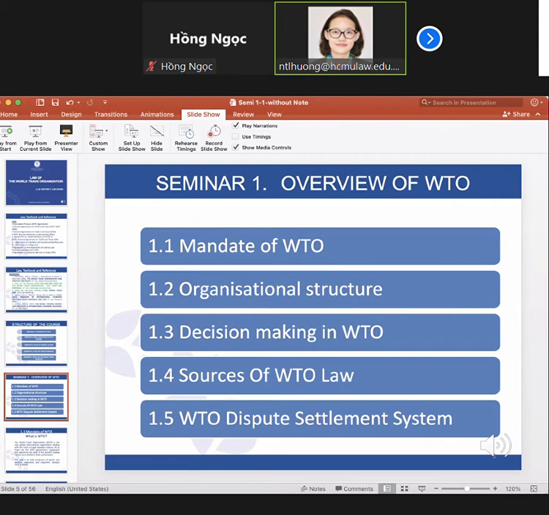And lastly, the WTO dispute settlement system. What kind of punishment a member may face if that member breaks the WTO rules will be discussed in this part.